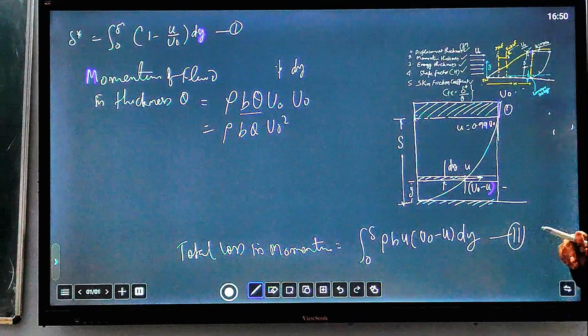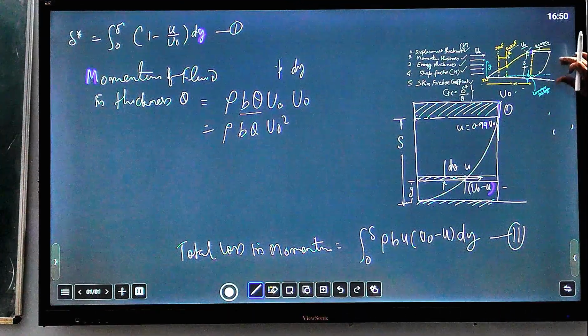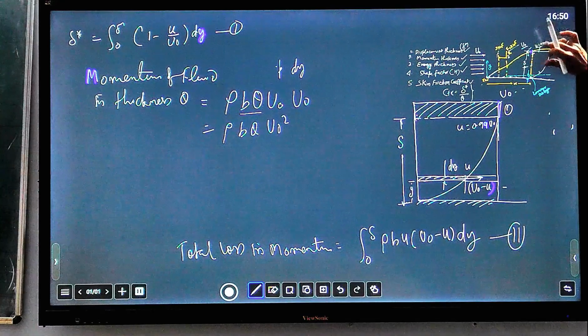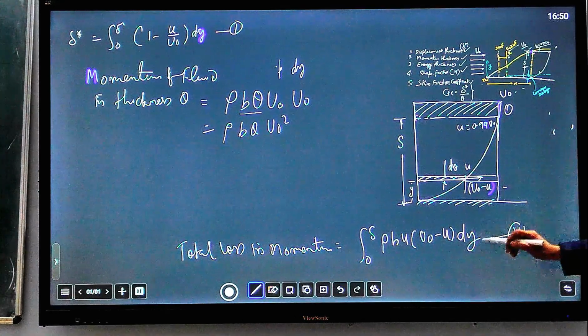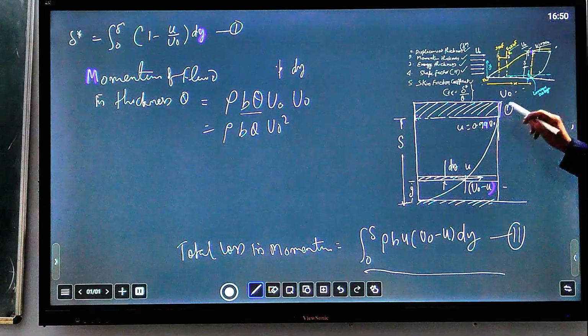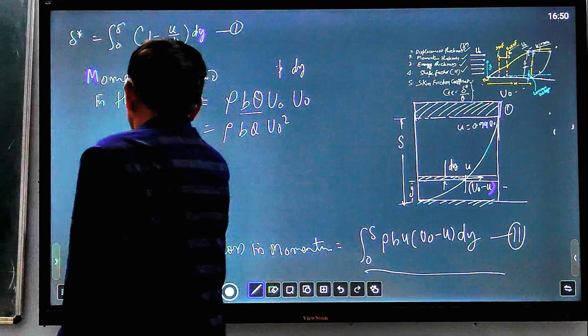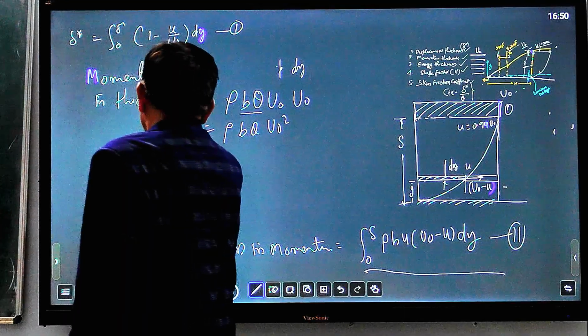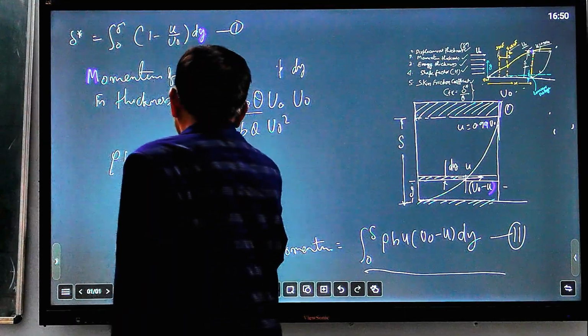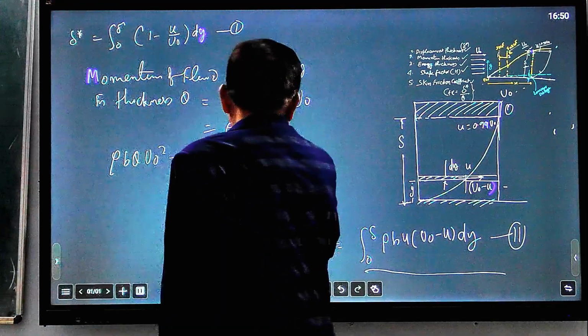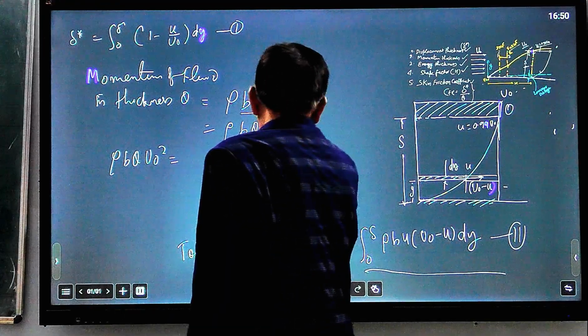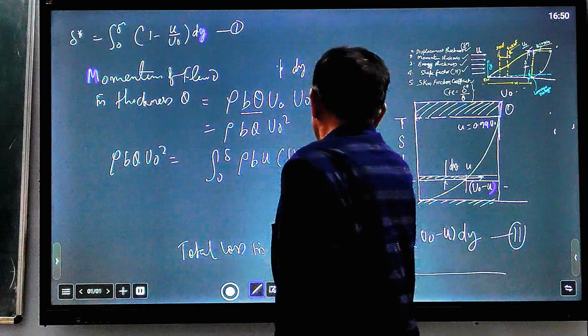This momentum, of a fluid of thickness theta shifted beyond the boundary layer, will be equal to the total loss in momentum due to formation of the boundary layer. Equating both, rho B theta U naught square equals integration 0 to del rho B U naught minus U dy.